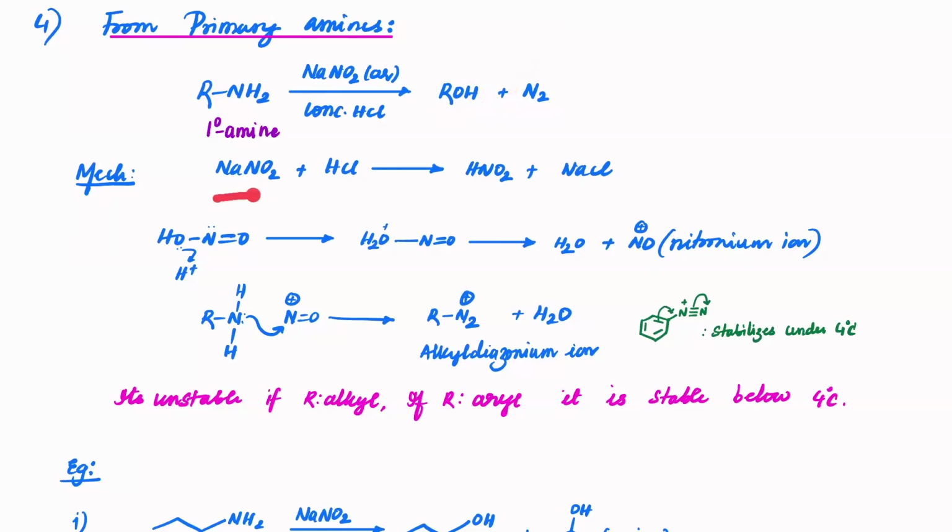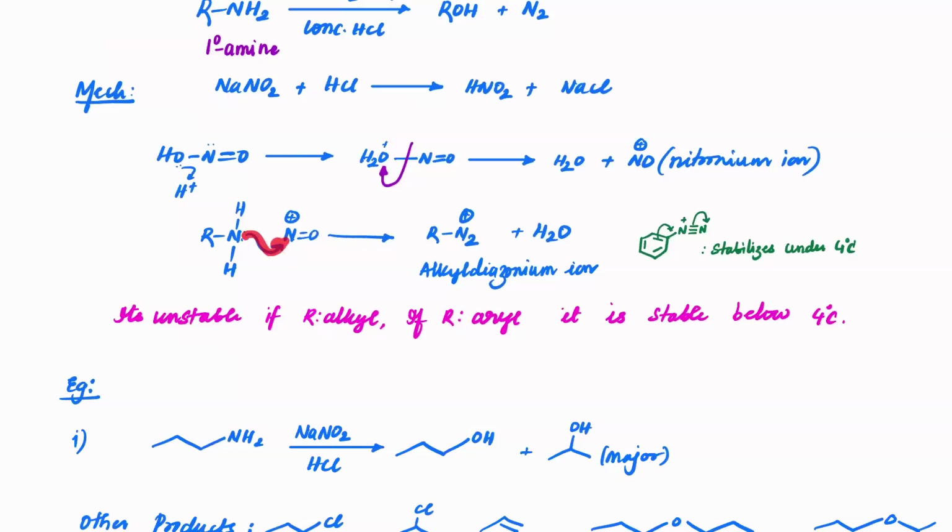See, NaNO2 plus HCl will give you HNO2 plus NaCl. And in HNO2, if you notice, oxygen will take a proton here and convert into OH2. OH2 is a good leaving group.